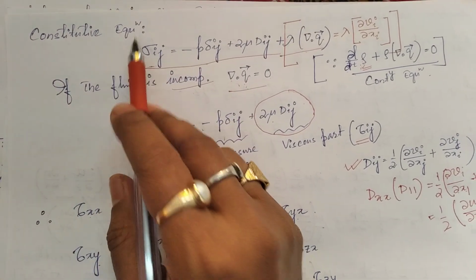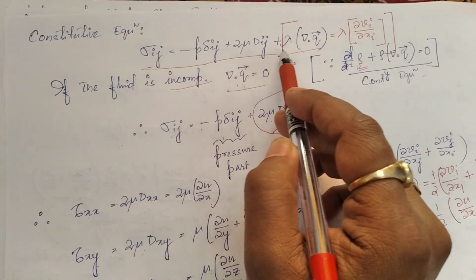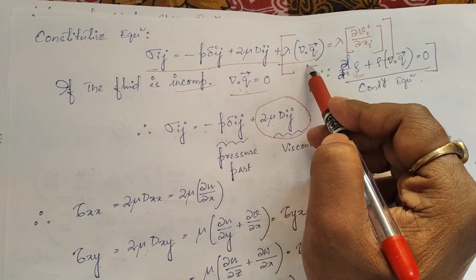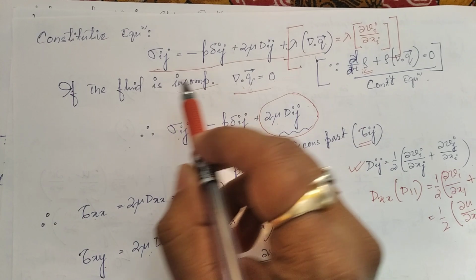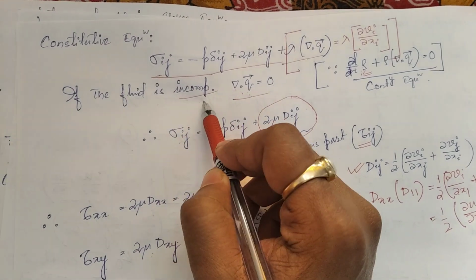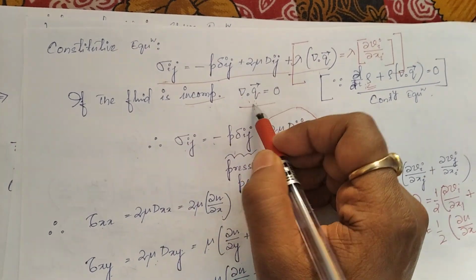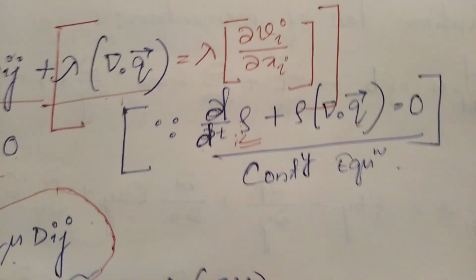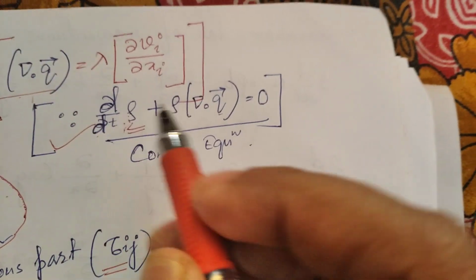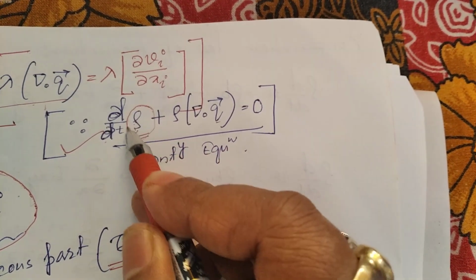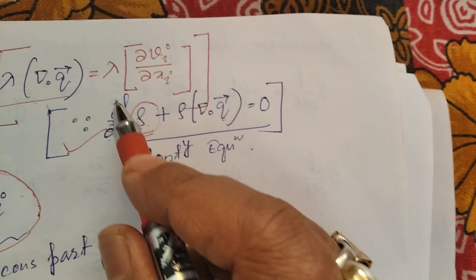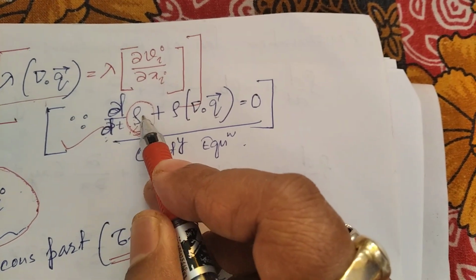So first, this is the constitutive equation which we had from our previous lecture, and if the fluid is incompressible, then from the continuity equation for incompressible fluid, rho, the density, becomes a constant, and the rate of change of a constant will be 0.